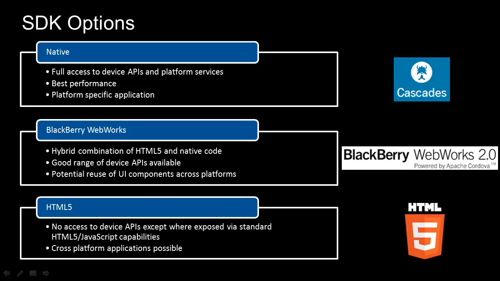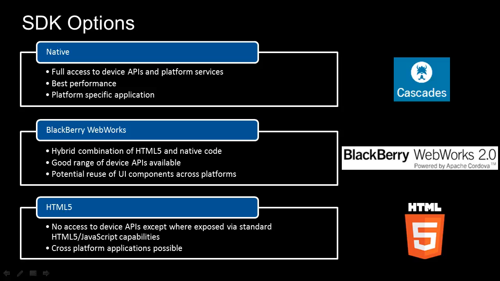A pure HTML5 application, on the other hand, would not have access to device APIs except where these are exposed via standards. The result, however, would be a cross-platform application, which, depending on detailed capabilities of browsers on other platforms, should work anywhere.